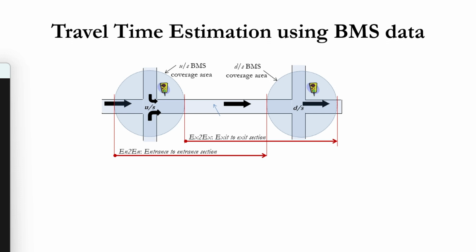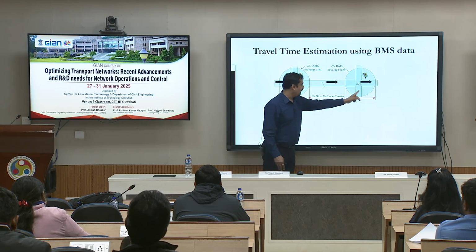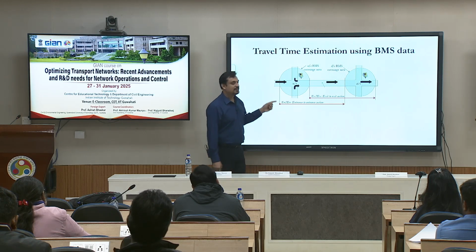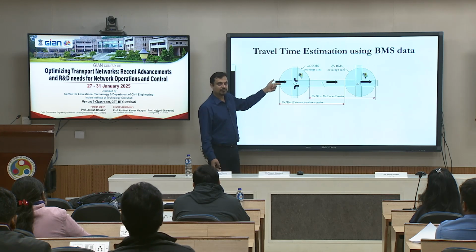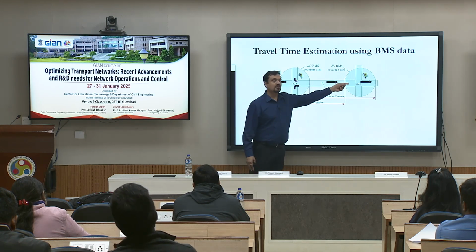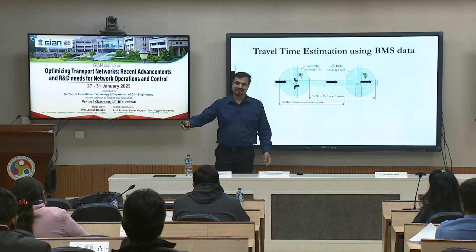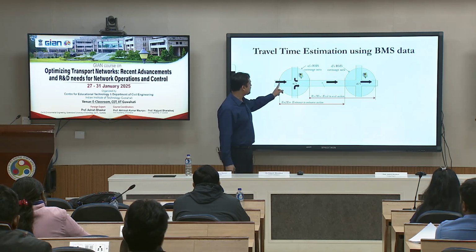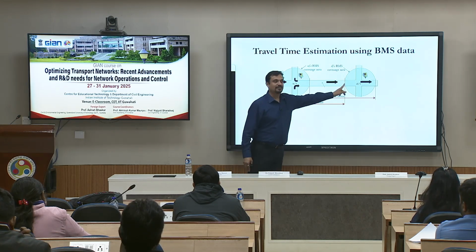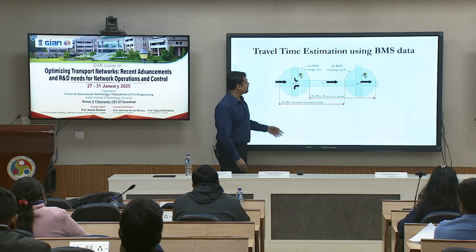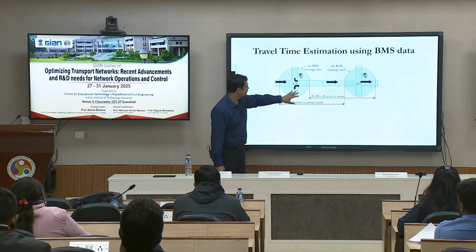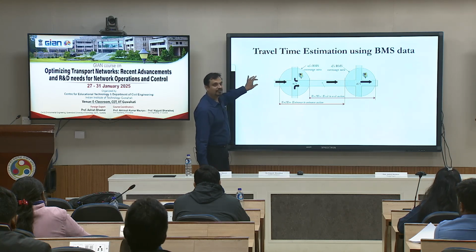But let's start with the entrance to entrance. Let's say the guy entered here at 7 o'clock. The vehicle was observed there maybe after 3 minutes. So what it tells you is it takes 3 minutes to go from here to there. Now in that 3 minutes, obviously if you look at the traffic intersection, the queue will be formed here.